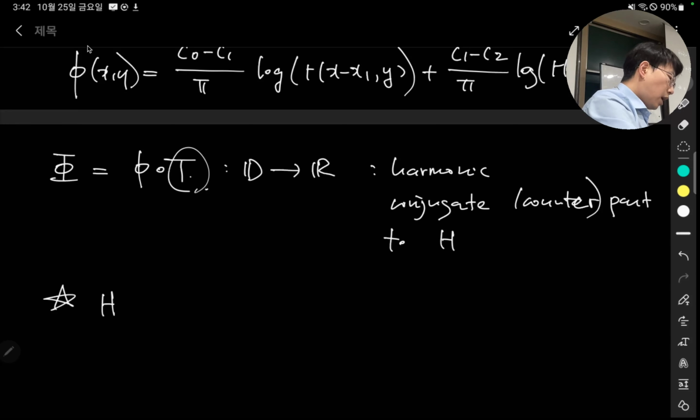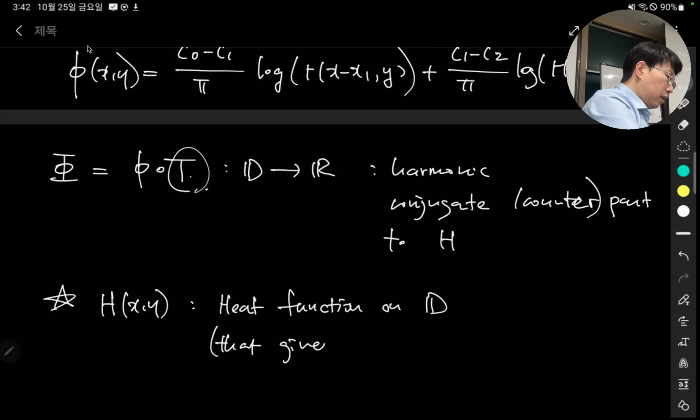Anyway, this H(x,y) is a heat function on D that gives the temperature at every point.